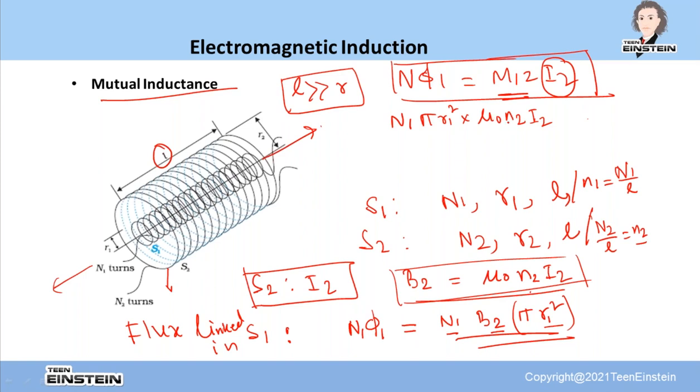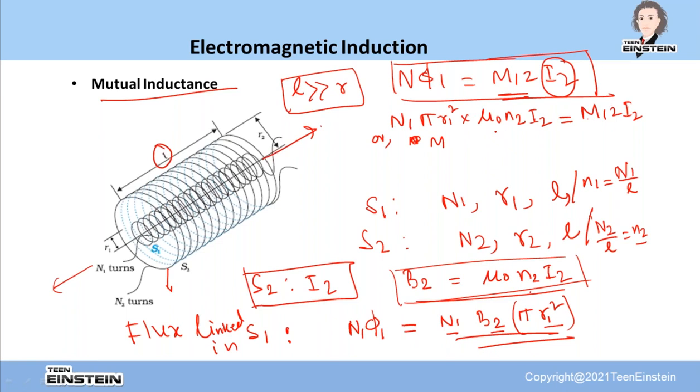So you can see this will be again equal to M1 into I2. So we can do one thing. We can write small n1, then L you have to multiply.